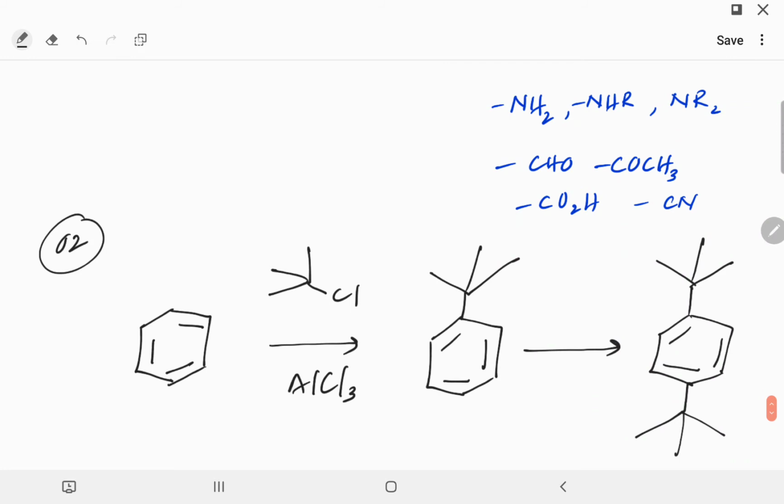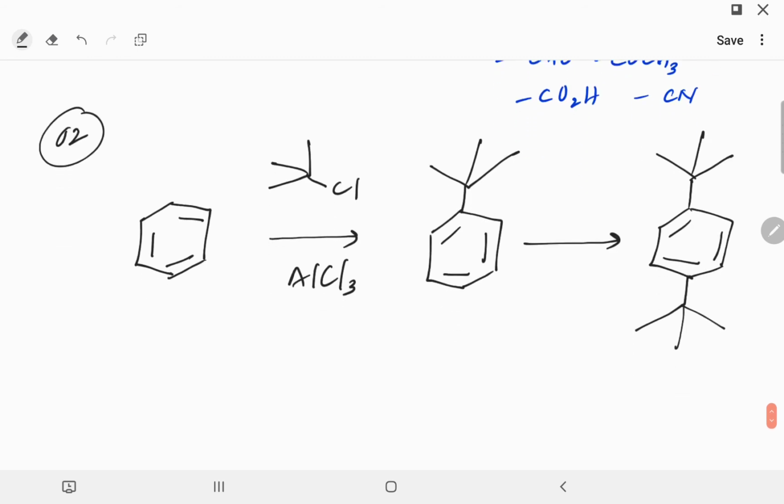The second limitation is polyalkylation. That means the benzene may get more than one alkyl group attached to the ring. So in fact, the monoalkylated product will be the minor product. Most of the time, the major product will be a polyalkylated compound.